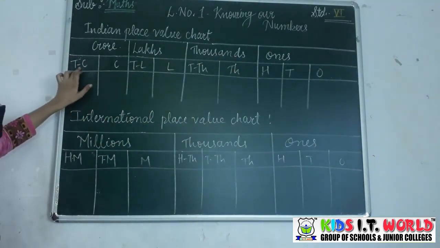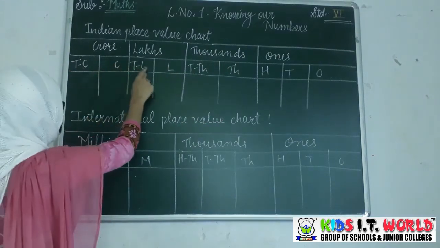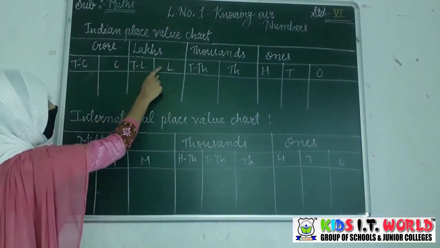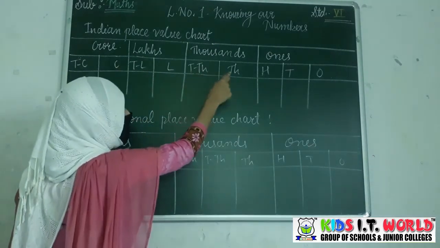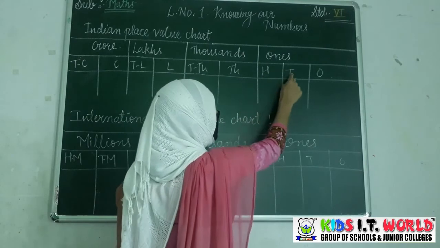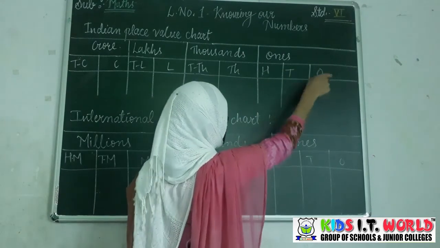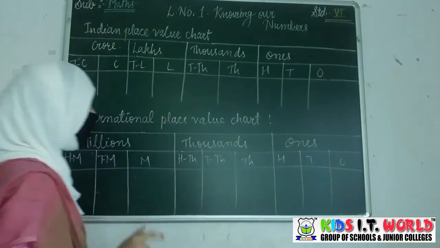This is TC for the 10 crore, C for the crore, TL for the 10 lakh, L for the lakh, TTH means 10,000. Here it is 1000, H 100, T tens, O ones. So the ones column stands for the ones period.